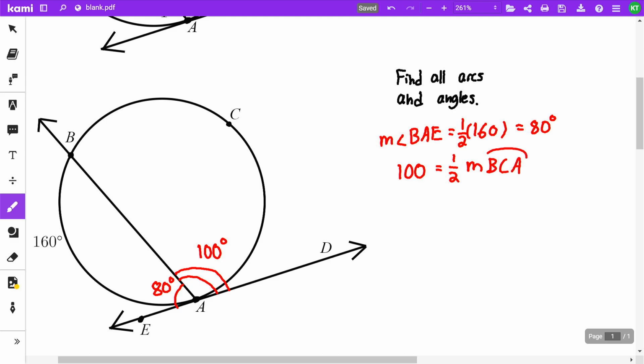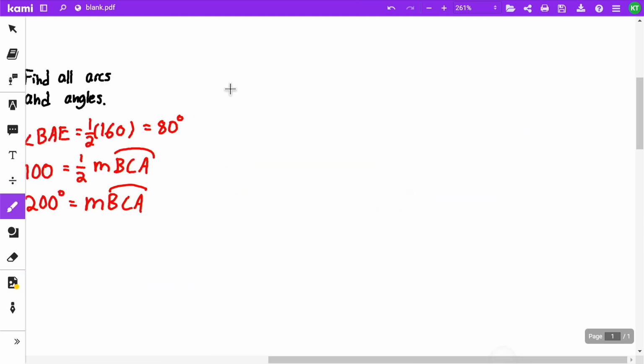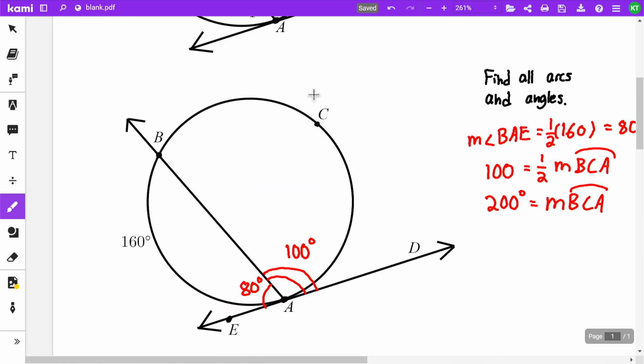So if I just multiply it by 2, 200 degrees is going to be arc BCA. So 200 degrees. Great. So again, we got all of that just from one arc that we were given, arc AB.